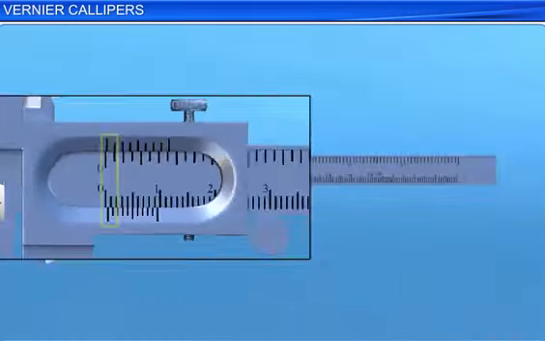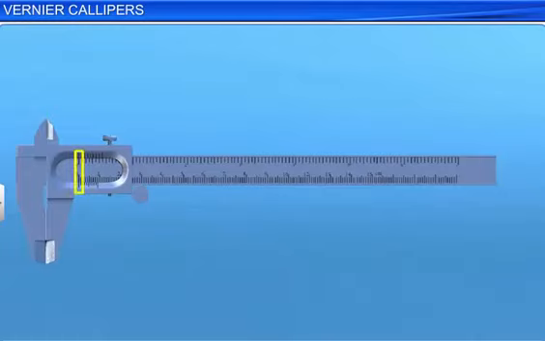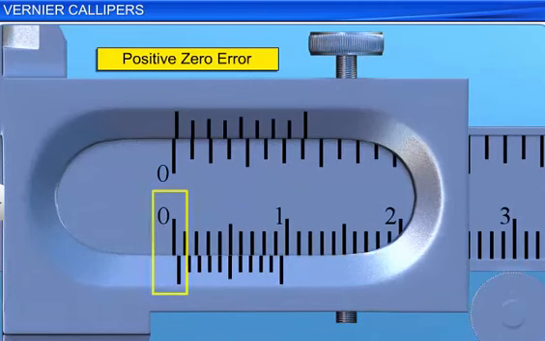With the two external jaws in contact, if the zero of the vernier scale is on the right side of the zero of the main scale, then the zero error is said to be positive. The error is equal to the distance between the main scale 0 and the vernier scale 0.